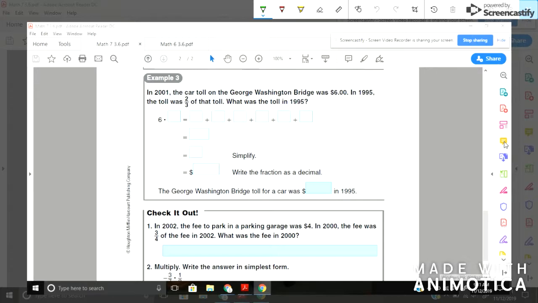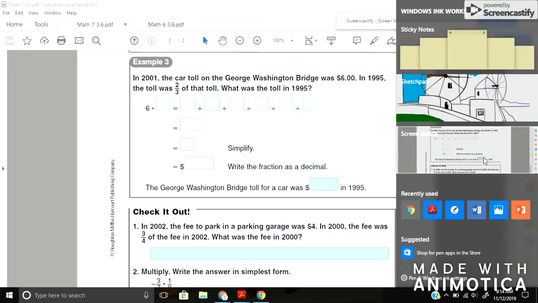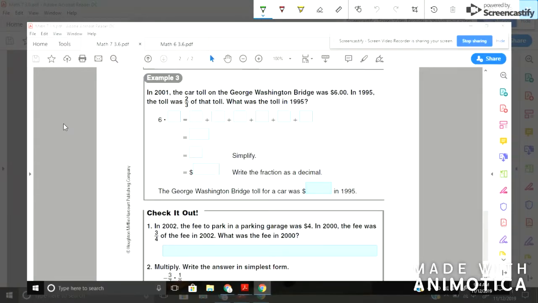Good reminder that "of" in math a lot of the times means to multiply. Okay, this is a good hint to know for word problems. So picking up, when I take 6 and multiply that by 2/3, what the book is trying to remind us here is that multiplication is the same thing as repeated addition.